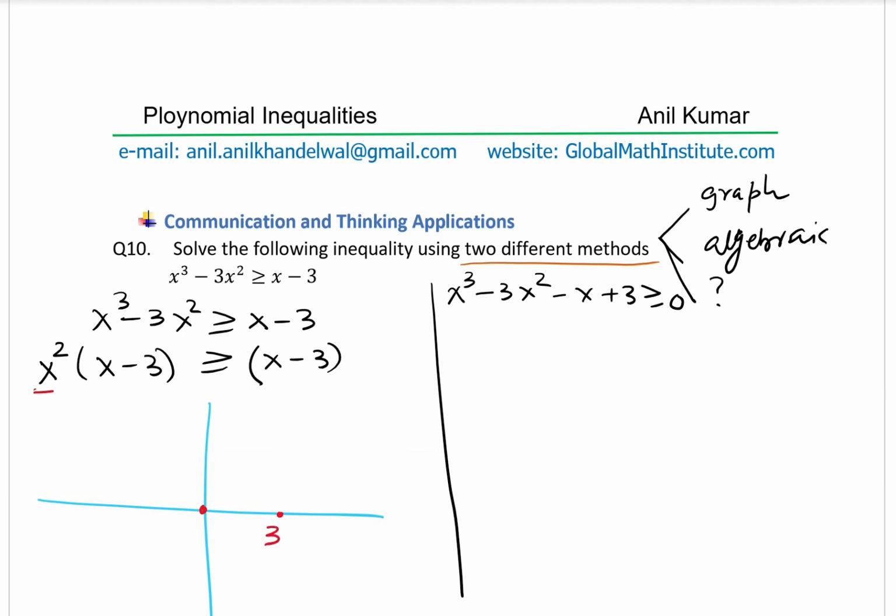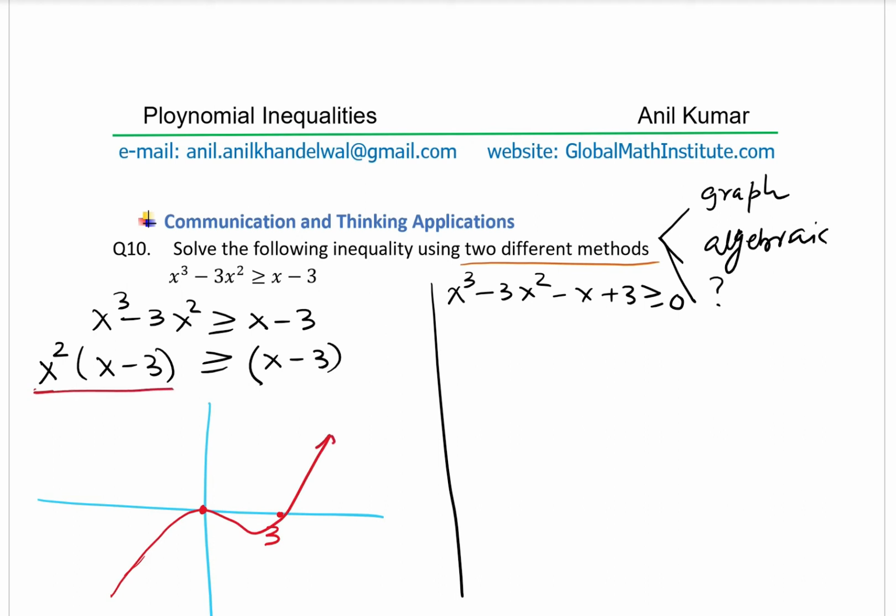And so, approximately, we know that this is a turning point for the cubic function, right? X squared, so it will turn here. The leading coefficient is positive. So the right side is up, and so this side is down. So we get a graph which will be kind of like this.